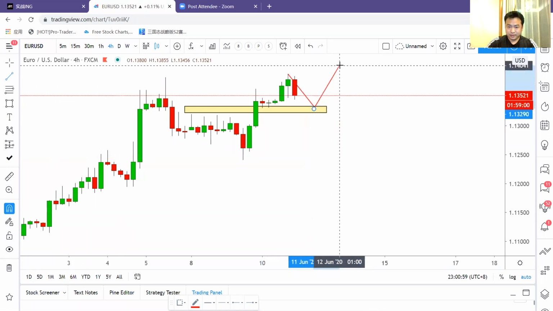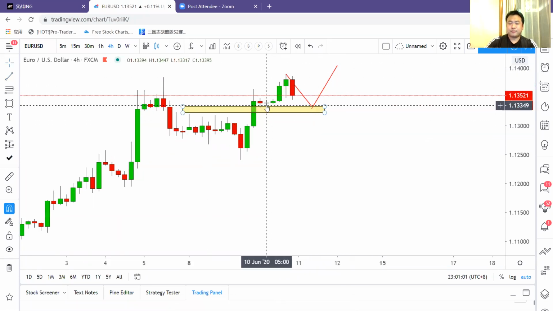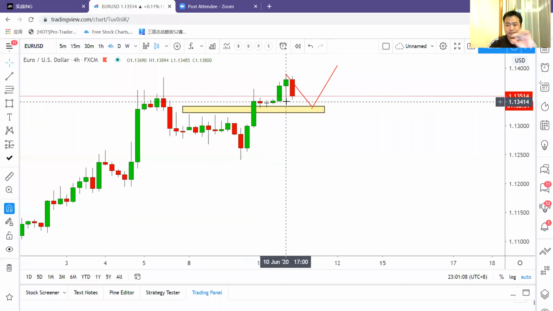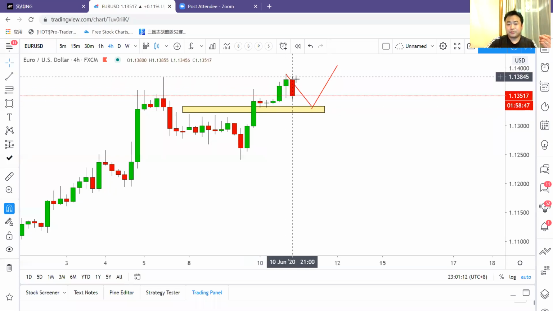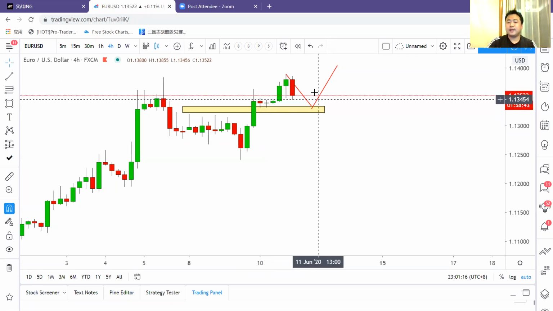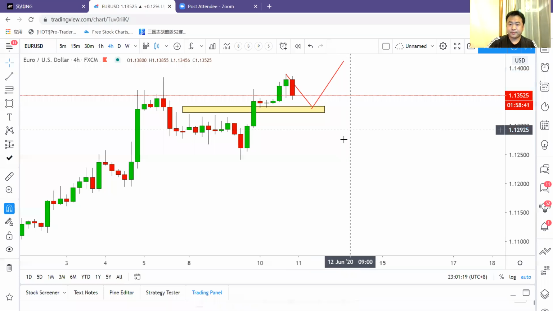Repeat, you want to be a buyer if the price can stay above 1.1330. This is a very strong supporting zone, and the FOMC meeting may push the price back to this level to let you buy it, and then all the way to a new high.